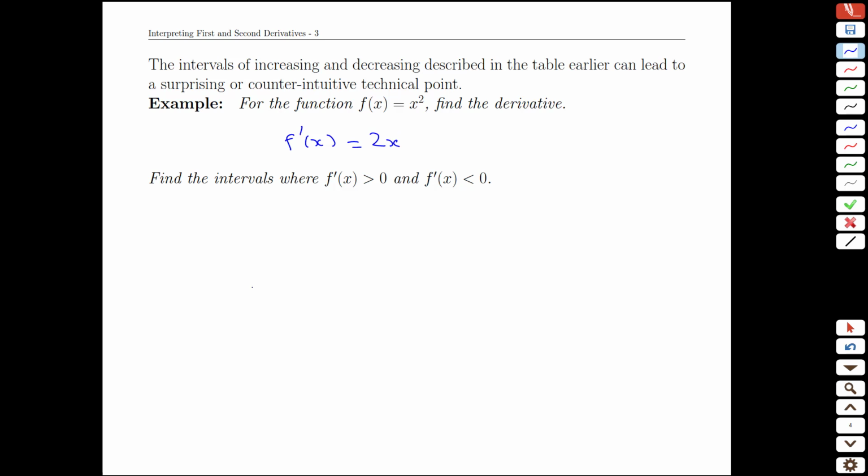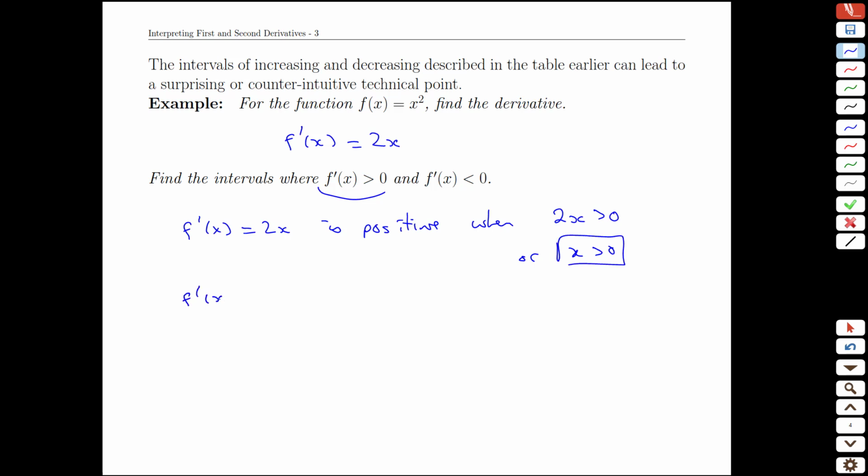If we then ask, where is the derivative positive and where is the derivative negative? Well, 2x is positive when 2x is larger than 0. Well, that's just when x is larger than 0. And we have the same kind of result for the negative side. That's going to be negative when 2x is less than 0.